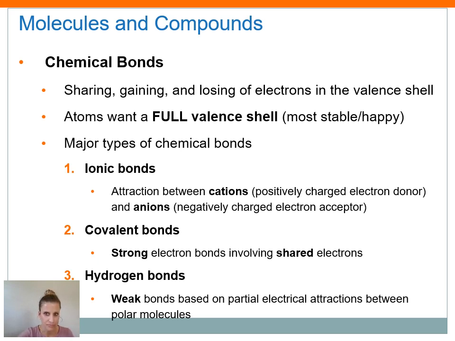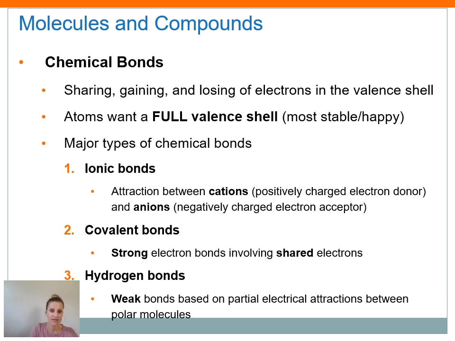Now, again, they can do this by doing numerous different things with their electrons. And depending on what they do with the electrons, whether they share them or trade them, there are different types of bonds that can exist. So the different types of bonds include ionic bonds, covalent bonds, and hydrogen bonds.